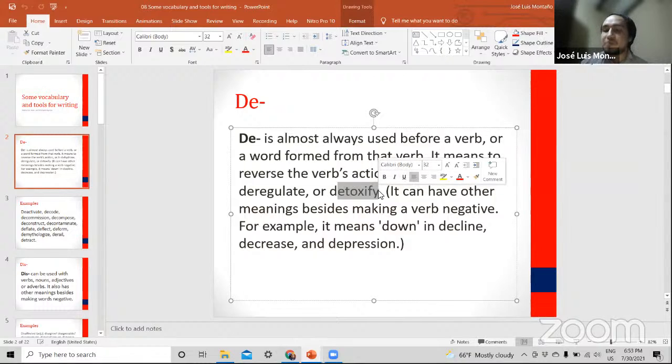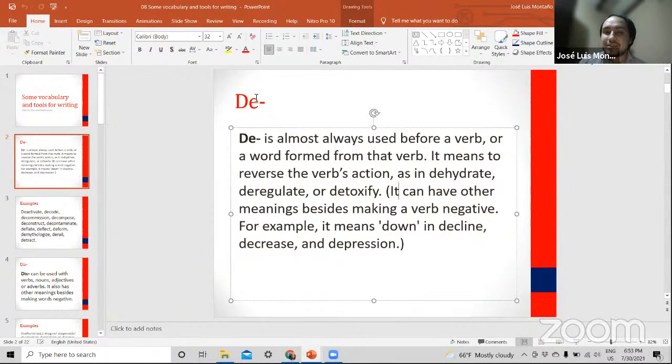To get rid of those toxins. It can have other meanings besides making a verb negative. For example, it means down: decline, decrease, depression. In that sense, it's not the same as the reverse, but it shows that something is going down, right? Declining is going down, decreasing is going down, and depression is going down.